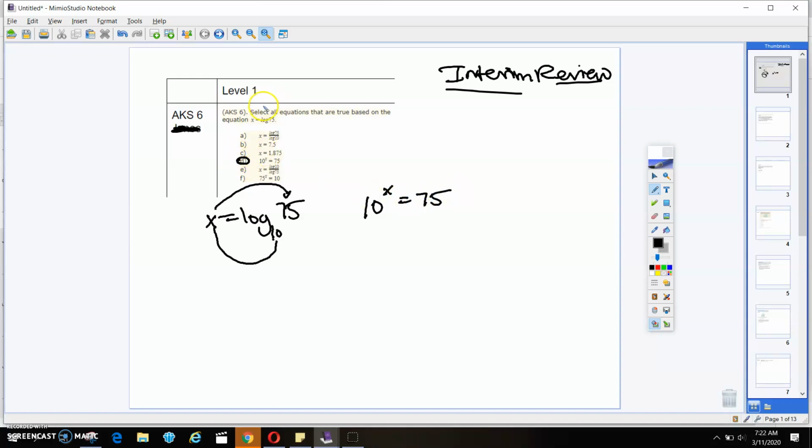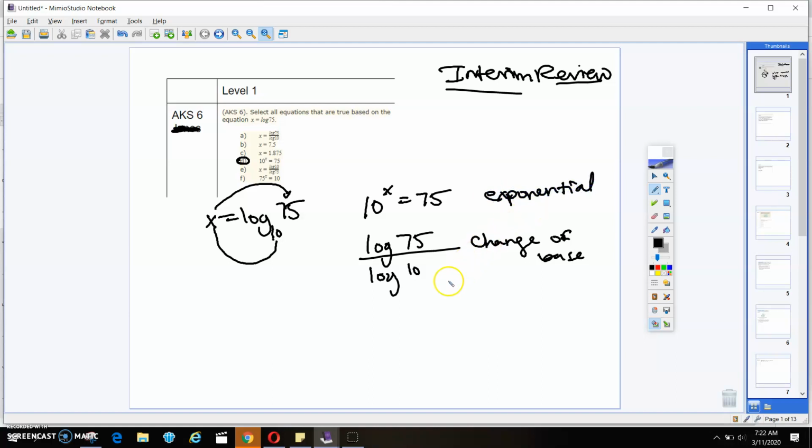Now it does say select all the equations that are true. Okay, so with that being said, if you put this into your calculator, you would write it out as log of 75 divided by log of 10. This is called change of base. Change of base. Okay, and this one's called exponential form.